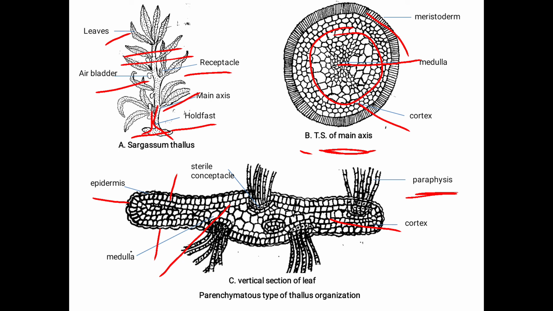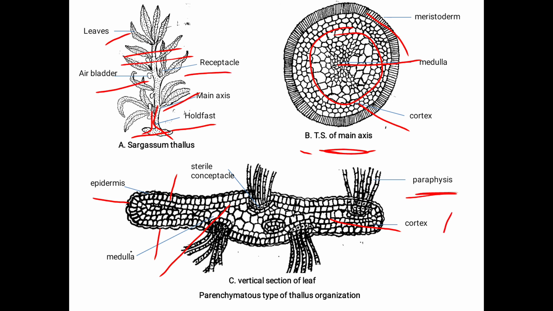These are sterile hairs found among the reproductive structures of many fungi, bryophyta and algae. Here the paraphysis provide protection and in some species may be involved in dehiscence.